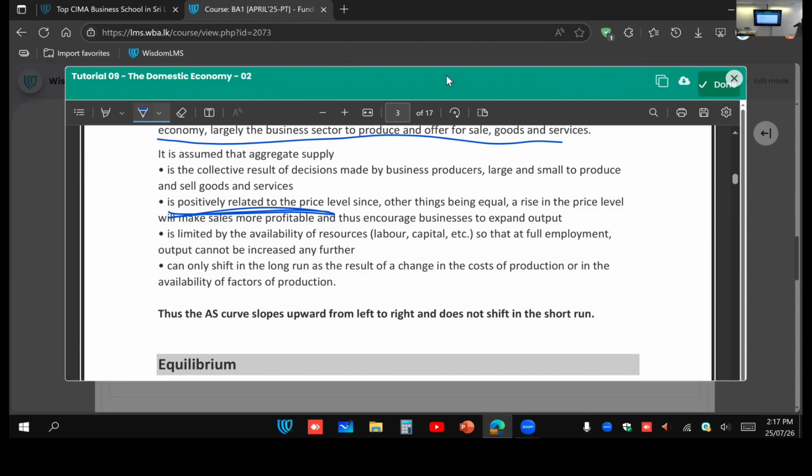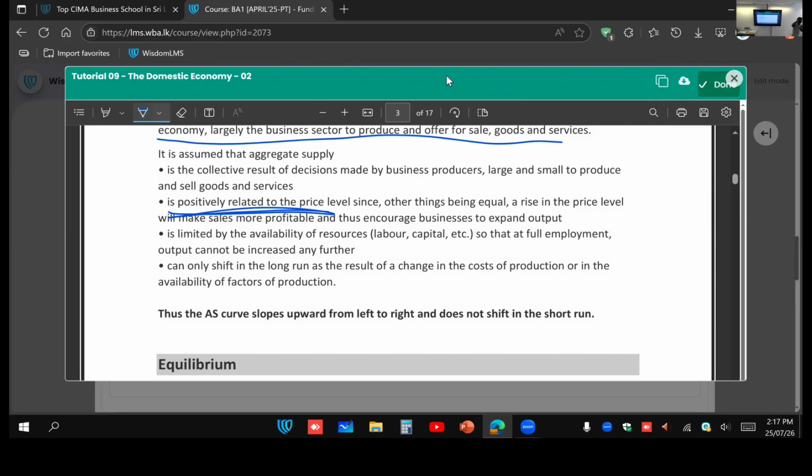Clear? So the demand curve, just as we draw for individual markets, has a similar shape, but the supply curve is not the same. I'll show you. The aggregate supply curve is a bit different. What's the reason? The supply curve was like that.